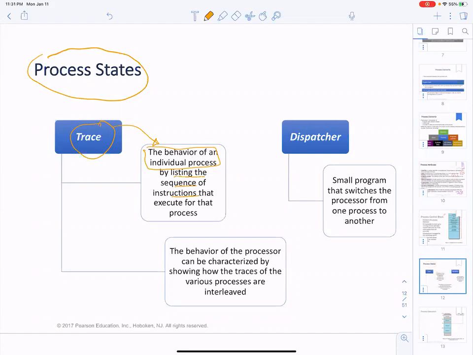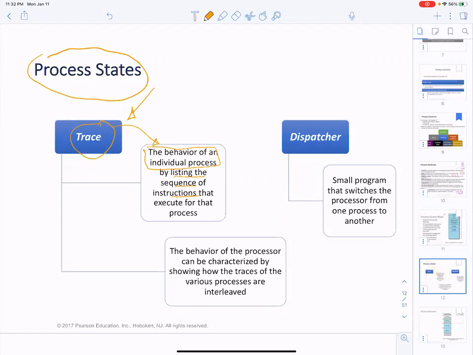Because we would like to provide direction for the operating system, in addition to the communication with the processor, to switch between processes to support multiprogramming. That means we need to know what kind of behavior each process has by just listing the set of instructions associated with such a process, defining the term trace.